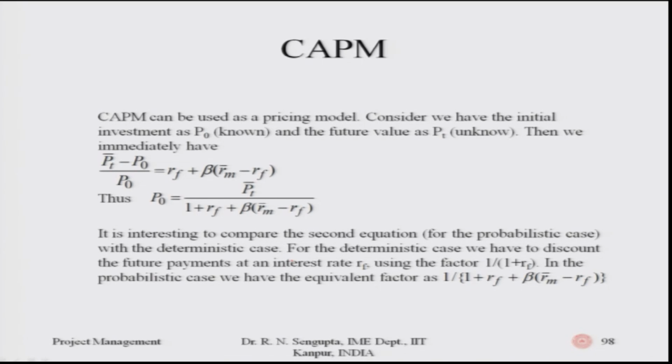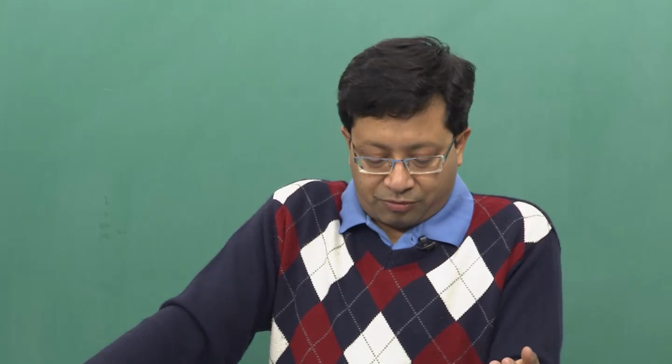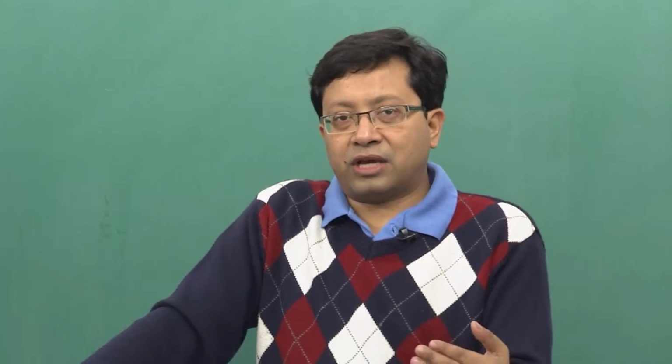Then we immediately know that the first term on the left hand side, this P bar suffix T, is the actual expected value of the portfolio or the project or the investment at a certain time T after you have started your investment process, while P0, as discussed, is the initial investment which is known.